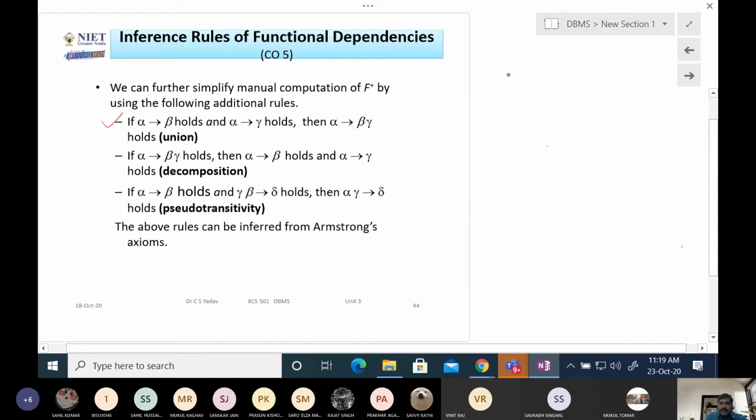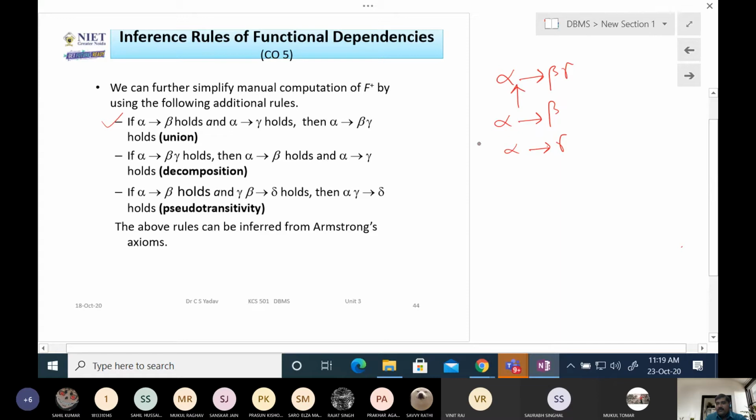In the decomposition rule, if alpha determines beta gamma, then alpha determines beta and alpha determines gamma. And if alpha determines beta and alpha determines gamma both hold on R, then we can get alpha determines beta gamma.